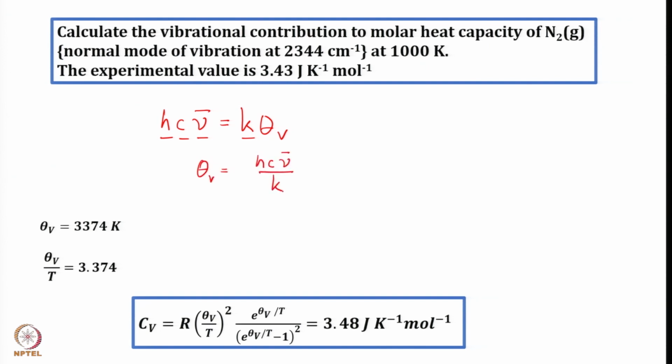Substitute the numbers and you get theta v, which is 3374 Kelvin. Now theta v by T, T is 1000, so theta v by T is 3374 by 1000, which is 3.374. Substitute, and what you get is constant volume molar heat capacity equal to 3.48 joules per Kelvin per mole.